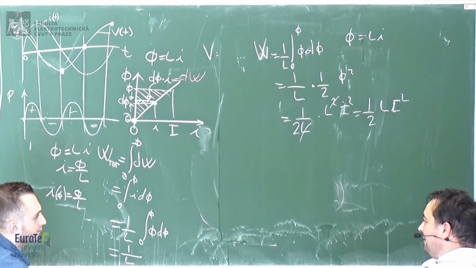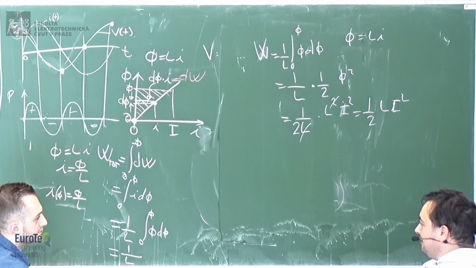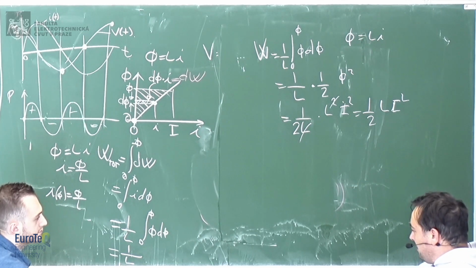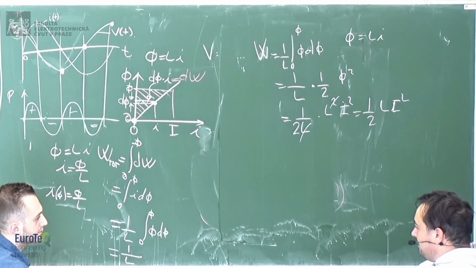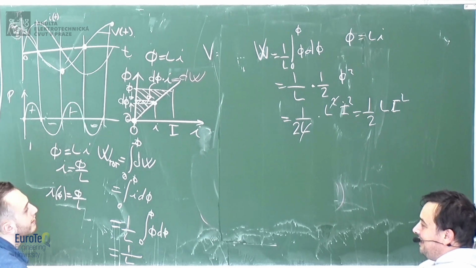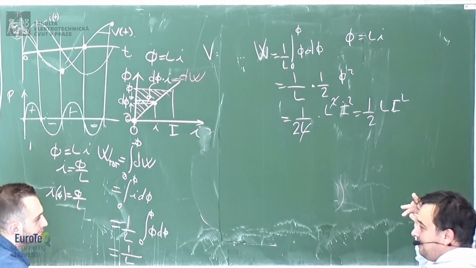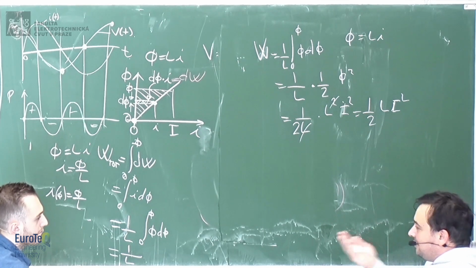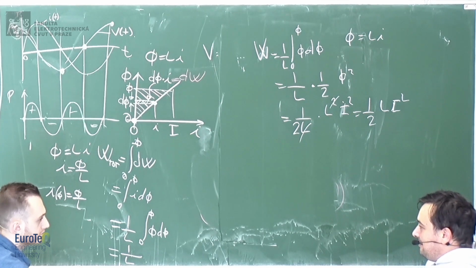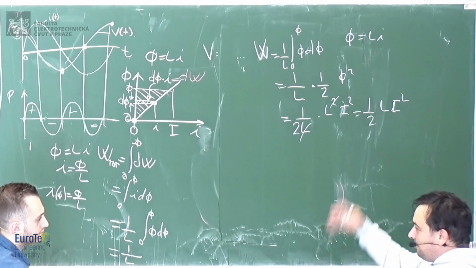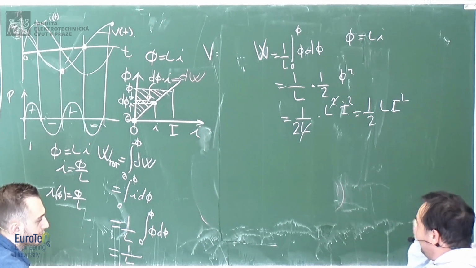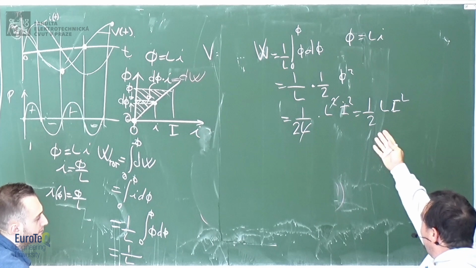Yes, for sure you can. I'm just telling you my experience, that many students think that they can charge a capacitor because the idea of charging is associated to the idea of capacitor. But also the inductor has some energy, and there is some energy also in the magnetic flux itself, and that's it.